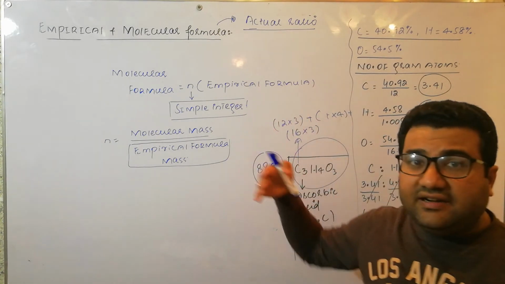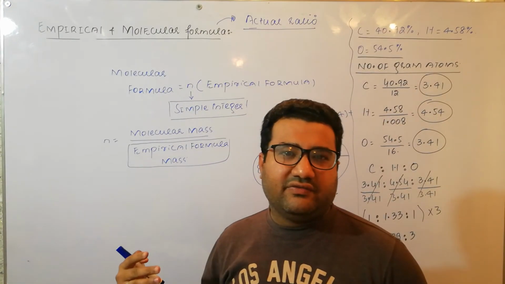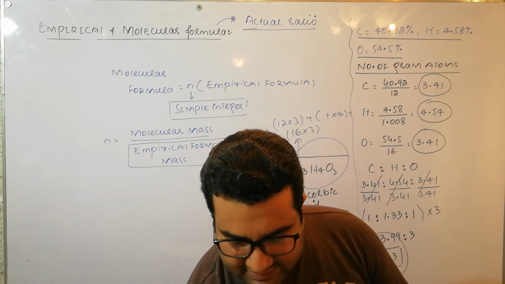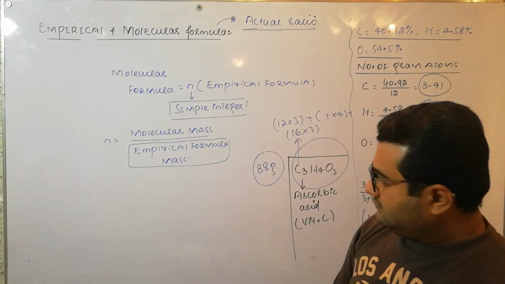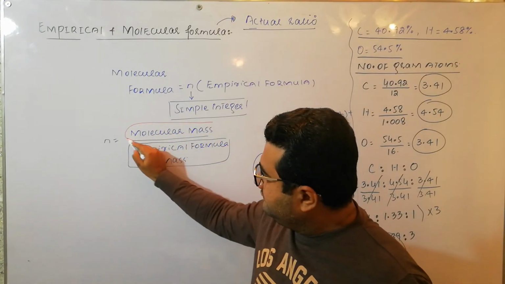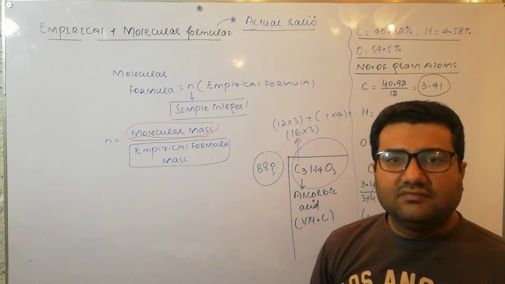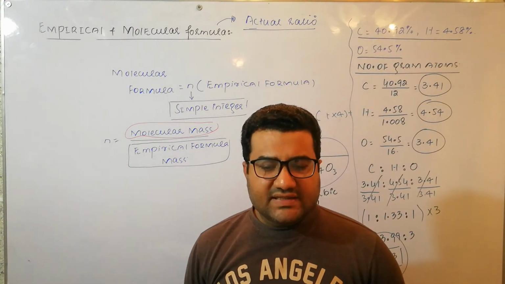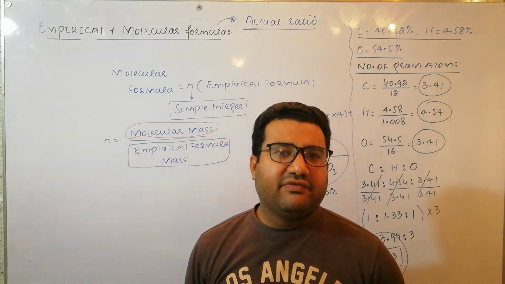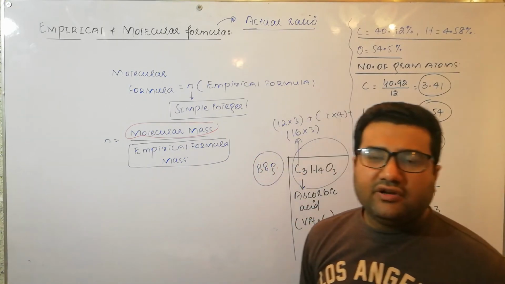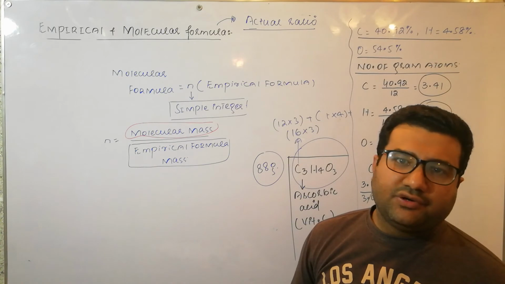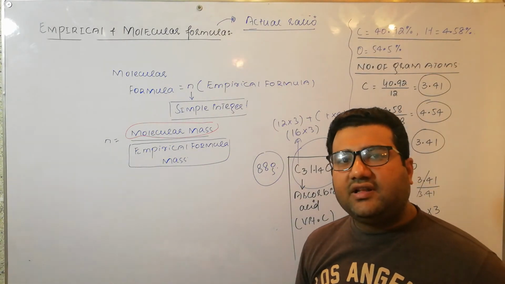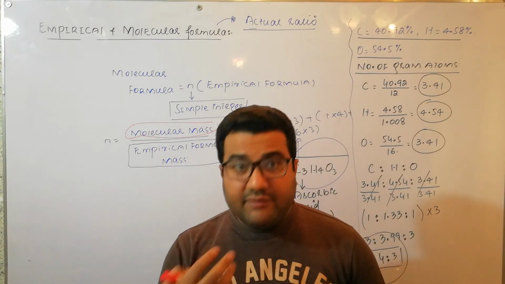Now what is the hindrance in the calculation of the molecular formula? The hindrance is that the molecular mass is not given. Molecular mass is determined by using different techniques, like mass spectrometry. It can also be determined by using the vapor density method.